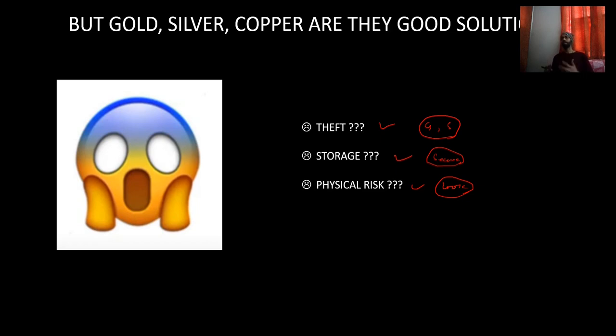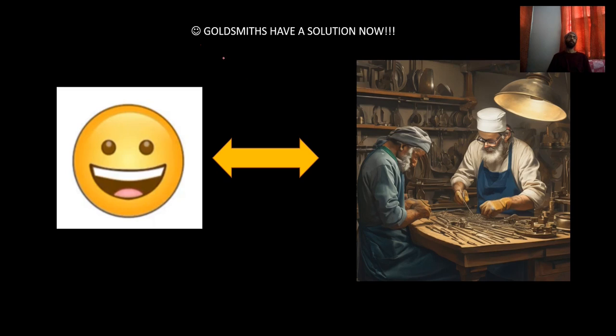What was the solution to this? The solution was primarily offered by the goldsmiths of that time. They said, whatever gold coins you have, store it with us. And in exchange, we will give you the security and we will give you a document proof, which will say that you are storing with us this many coins.